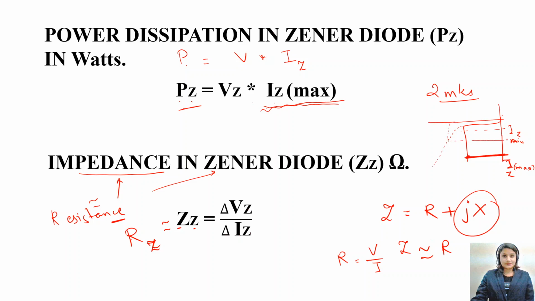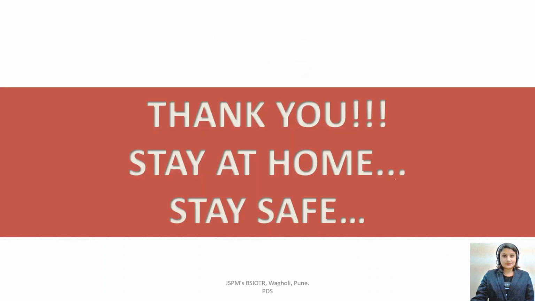When there is an avalanche breakdown, your current value will be changing, and your VZ value will be changing too, isn't it? So at the time of avalanche breakdown, we calculate the Zener impedance, that means delta VZ divided by delta IZ. Its unit will be ohms.